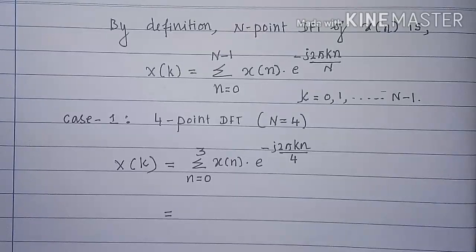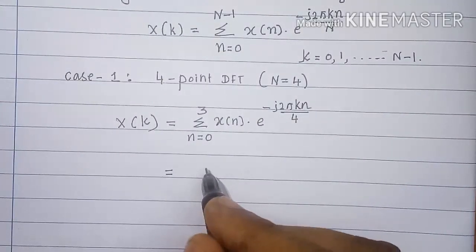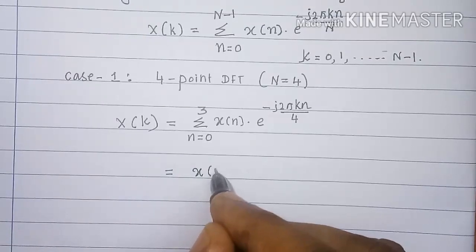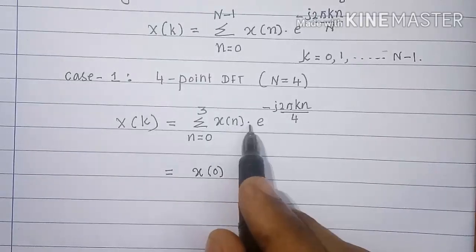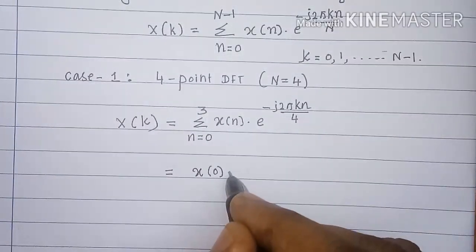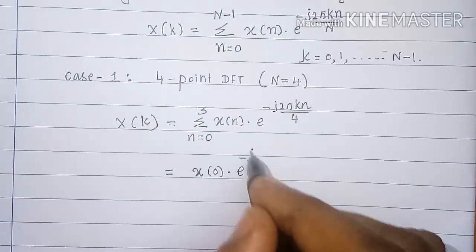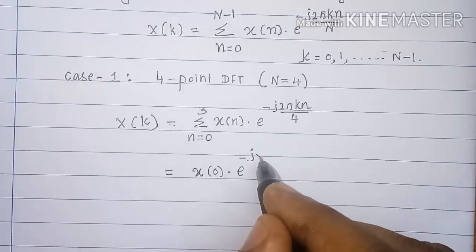Now we will expand this. For n equal to 0, x of n will become x of 0 into e raised to minus j, and in the power if I substitute for n equal to 0, power becomes 0.